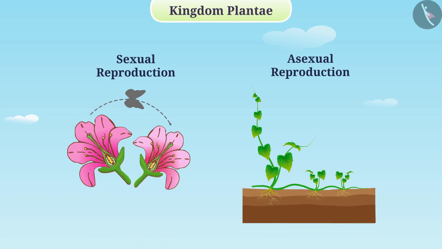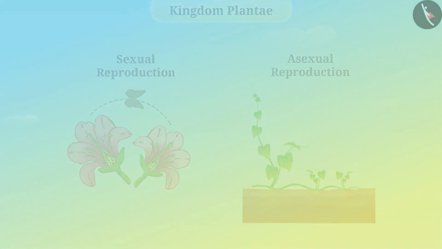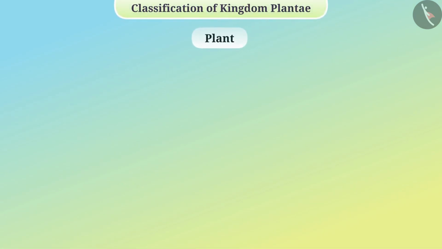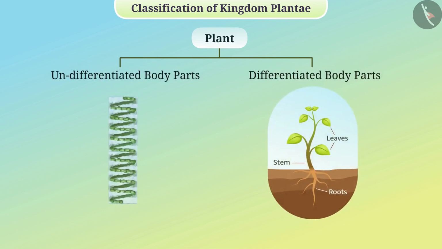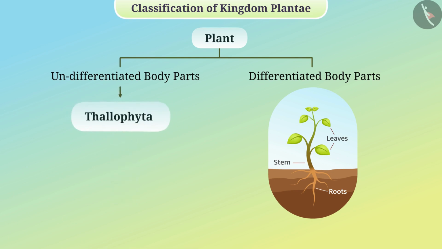Let us now understand the classification of kingdom Plantae. The first level of classification is based on whether the major body parts of the plant are fully developed or differentiated. Plants whose bodies are without differentiation are placed in the subclass Thallophyta.